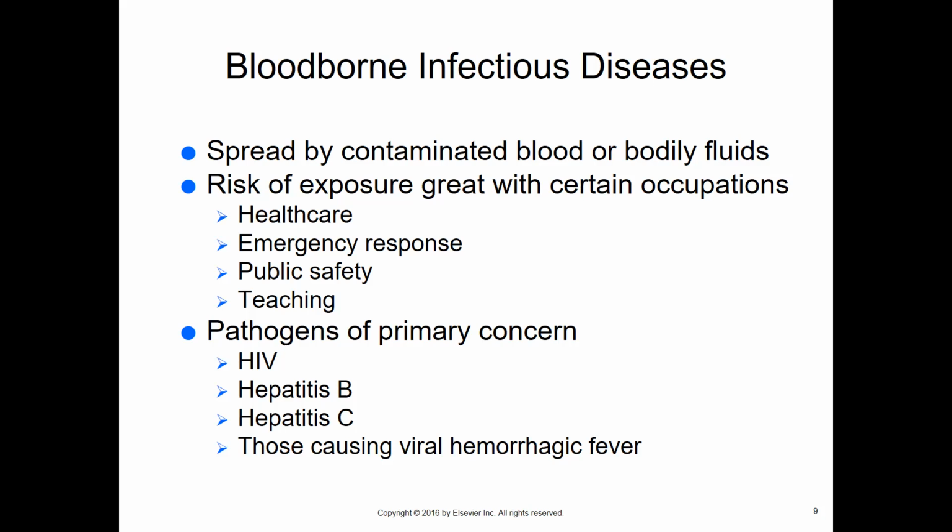Pathogens of most concern for these professions, according to the CDC, are HIV, hepatitis B, hepatitis C, and anything that causes viral hemorrhagic fever. So that would be things like Ebola. These viruses are discussed in detail in chapter 21.